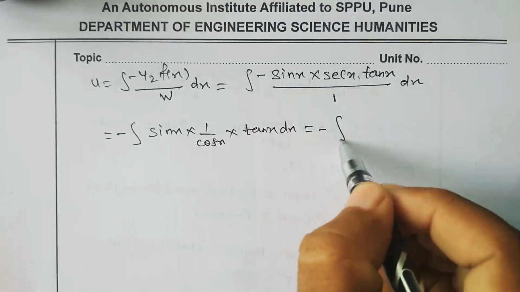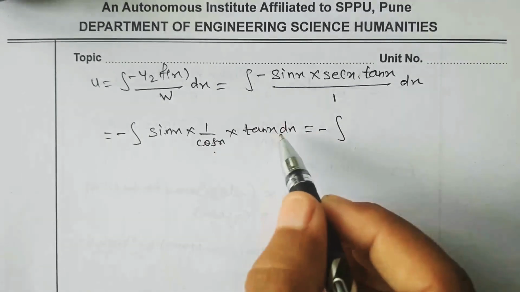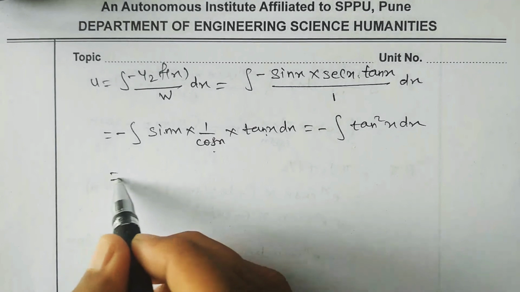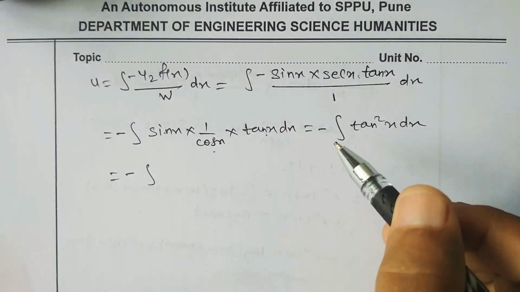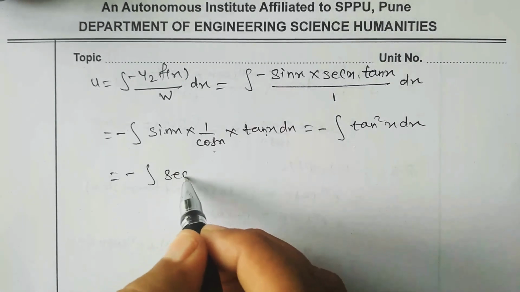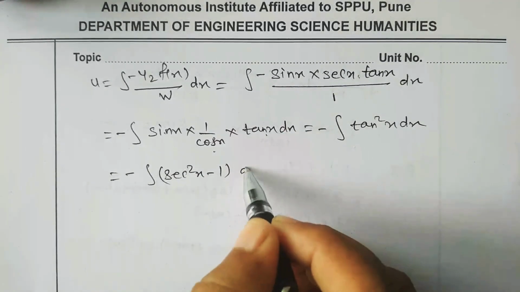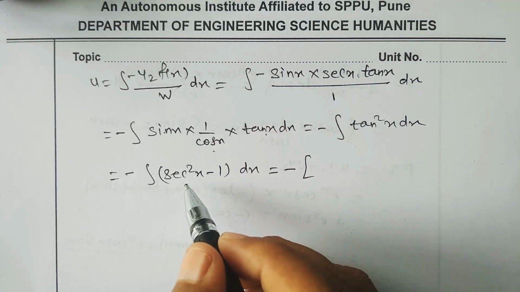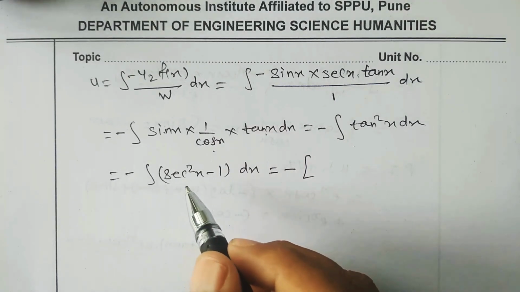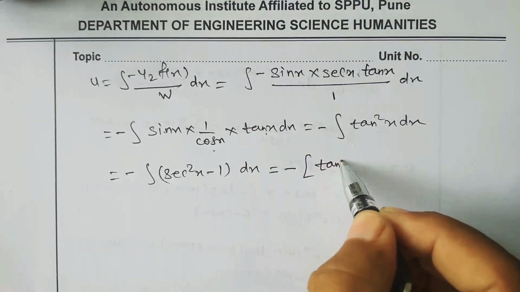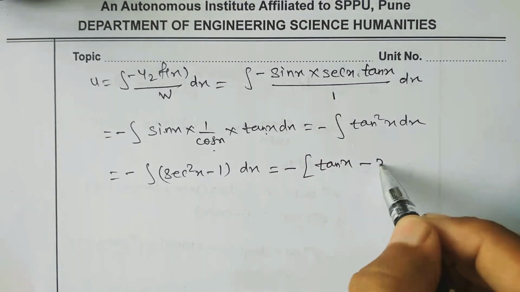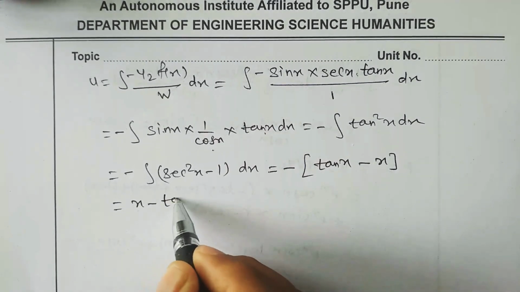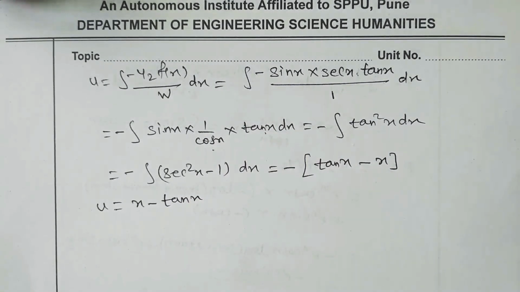So it is minus integration of sin upon cos, it is tan, into tan, it is tan square x dx. This is equal to minus integration of, now tan square x can be written as sec square x minus 1, dx. This is equal to minus, now integration of sec square x is tan x, minus integration of 1 is x. So after multiplying by the minus sign, we will get x minus tan x, that is the value of u.